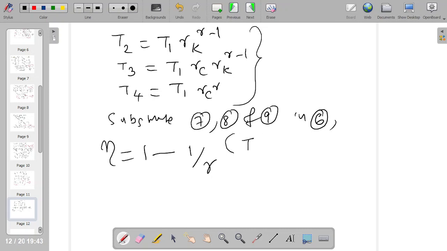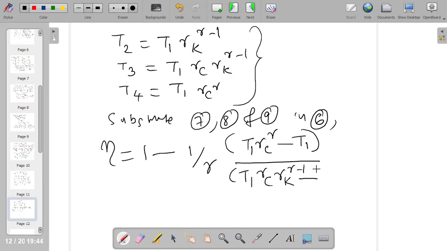This is equation 6. So T4 is T1 RC raised to gamma, T4 minus T1 divided by T3, which is T1 RC RK raised to gamma minus 1, and minus T2. T2 is again T1 RK raised to gamma minus 1.